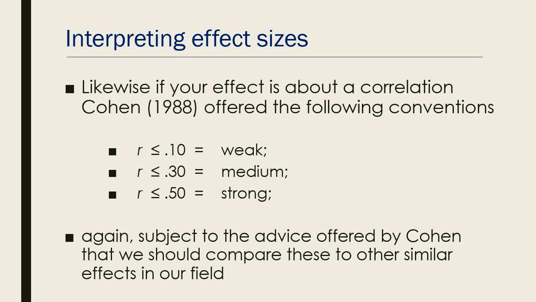But if we look at other areas of psychology, so social psychology or organizational psychology, you very rarely see effect sizes that big. And so it would be quite unusual to see an effect size that big. You might be expecting something in the range of 0.10 to 0.2, 0.3, and that might be regarded as a decent effect size. So it all depends on your particular discipline and topic area.